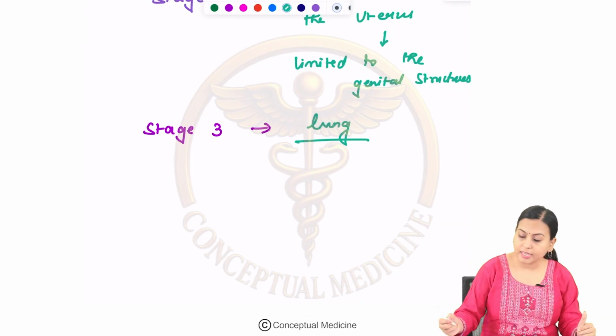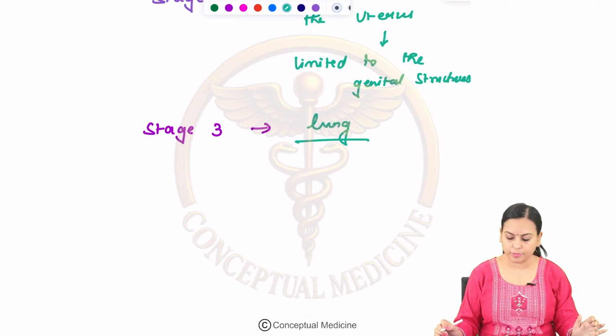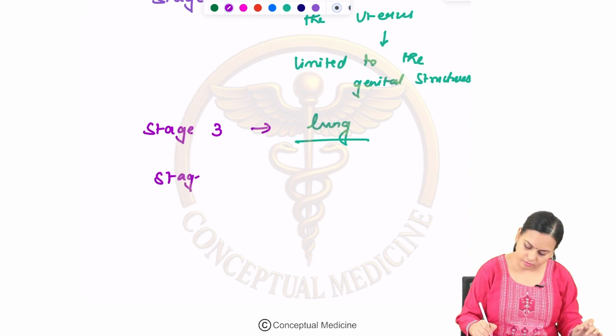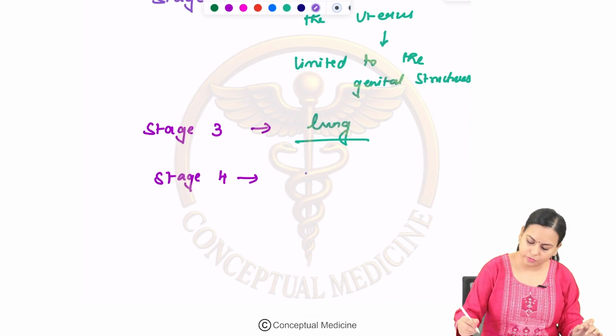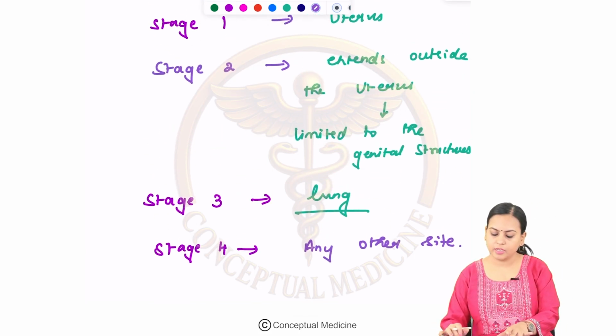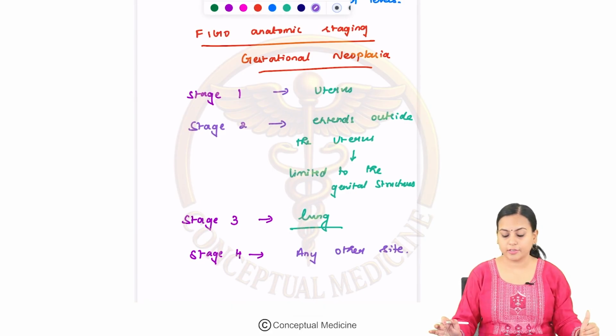That can happen with or without genital tract involvement. And finally, stage 4, metastasis to any other site other than lung. So this is how the anatomical staging is given for gestational neoplasia.